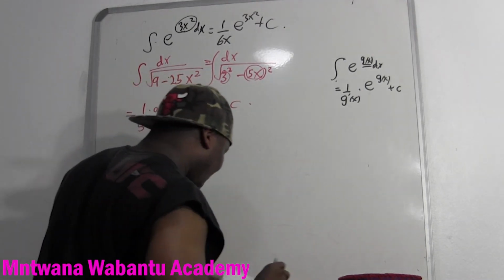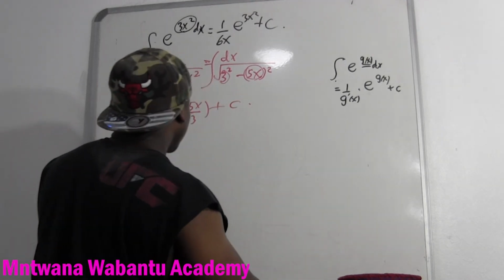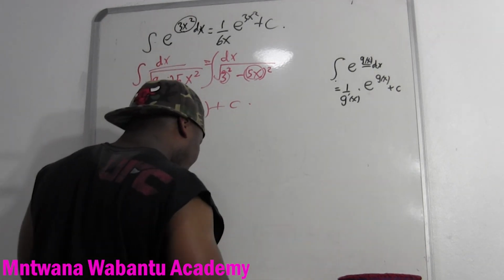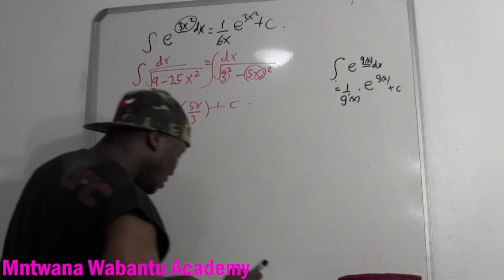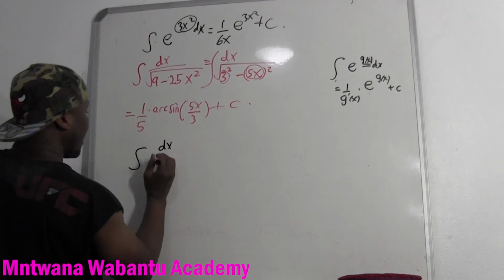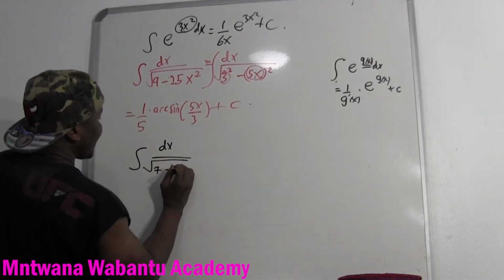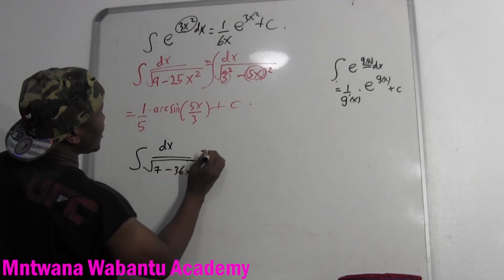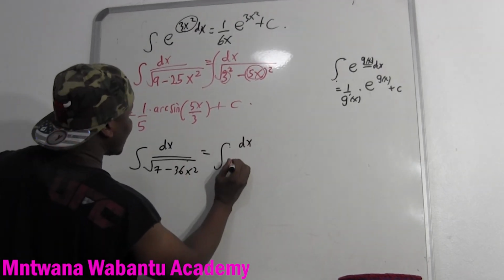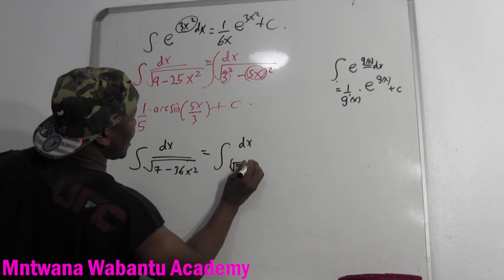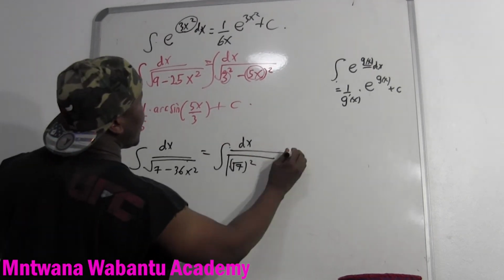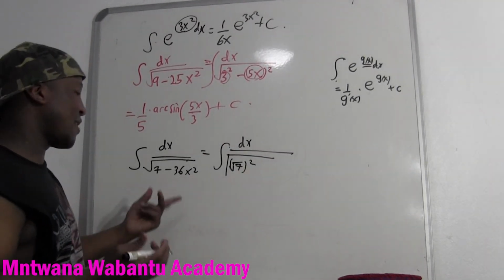Yeah, this is the last question. The integral dx over 7 minus 36x squared. So this time we say integral dx, and the 7 is like 7, and then we square it, because it's the same 7, it doesn't make any difference.